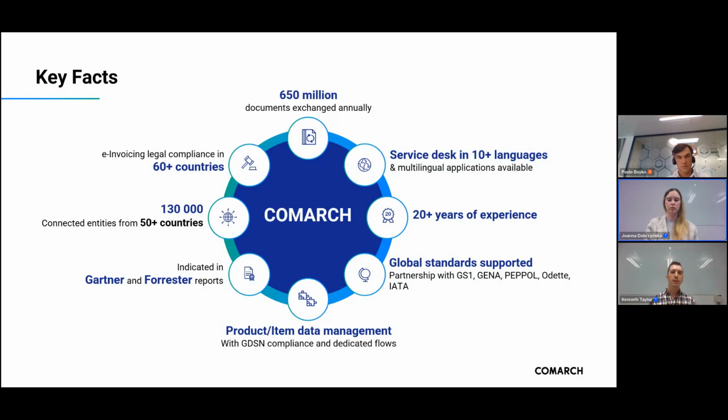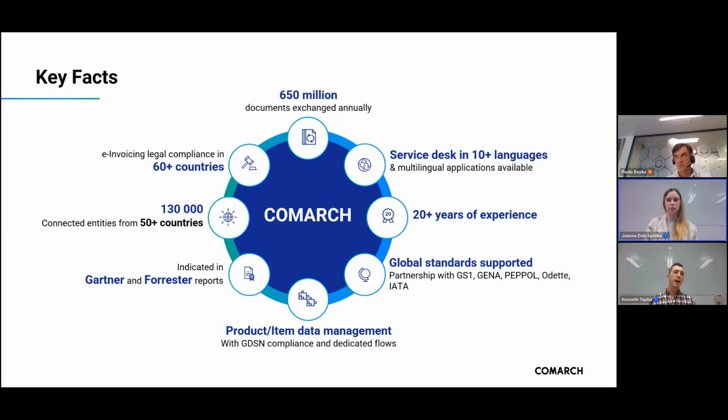And this is, of course, all part of offering compliance in countries around the world. Another important factor for international compliance is multilingual support. Comarch's service desk is available in 10 different languages, so we can support different international teams.